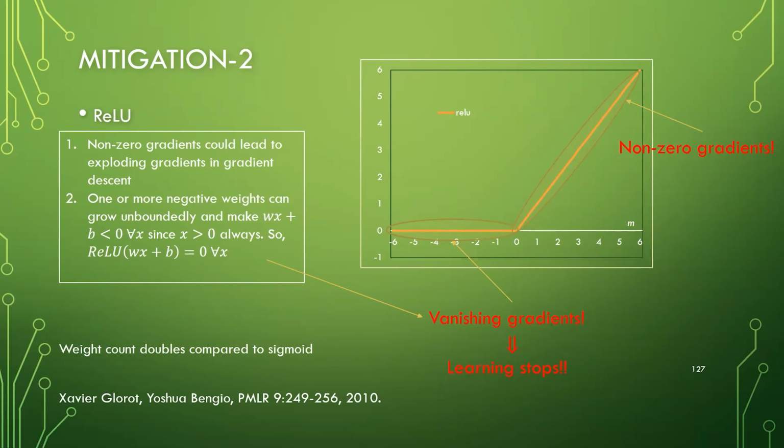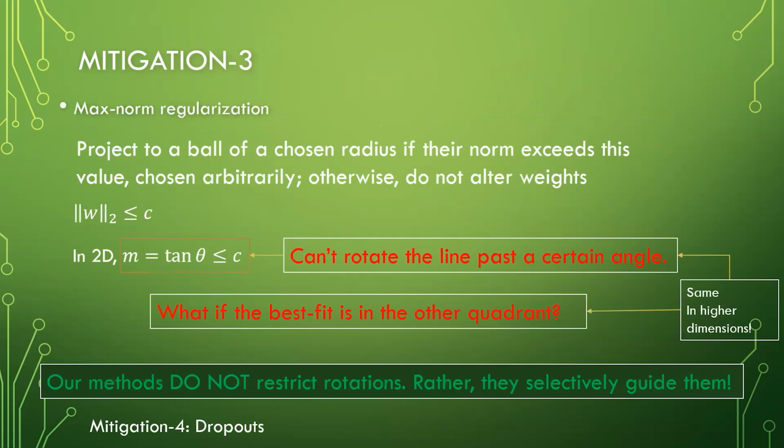You set the max norm to be less than some C. In 2D, what does that mean? We are restricting tan theta. So when you say max norm is less than C, you are saying my tan theta cannot grow beyond a certain value, which means you are preventing your line from rotating.